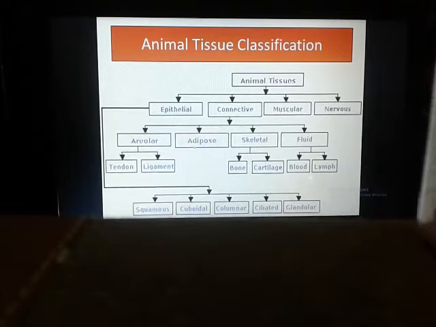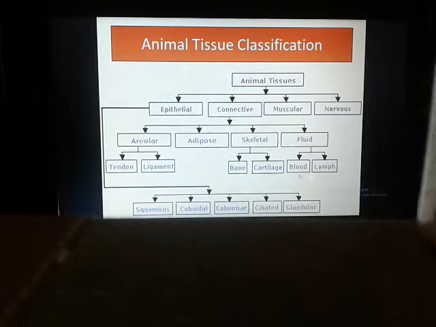One is areolar, second is adipose, third is skeletal, and the fourth is fluid. Areolar tissue is classified into 2 categories: tendon and ligament. Skeletal tissues are classified into 2 categories: bone and cartilage.